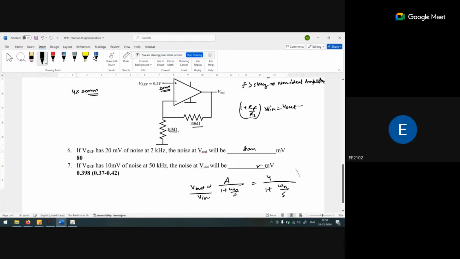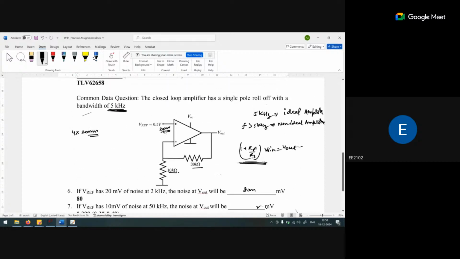1 plus RF by R1, this is the gain. That is beta, right? No, that is the gain, only if there is a virtual short. This particular condition is not defined, whether it is a virtual short or virtual open. But if it is working in the inverting and non-inverting mode, then the gain is 1 plus RF by R1.